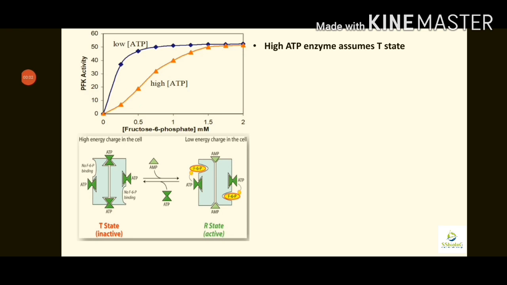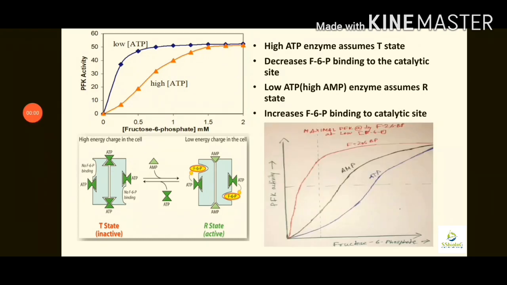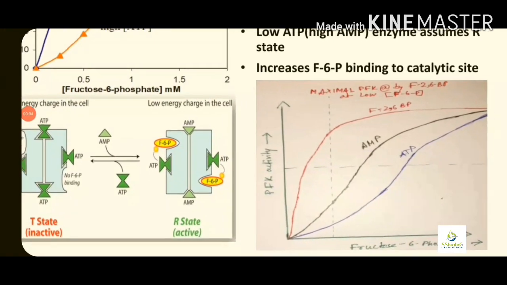So when ATP level is high, the enzyme assumes the T state and decreases fructose 6-phosphate binding to the catalytic site, just like I have said. When ATP is low, that is when AMP level is high, the enzyme assumes the R state and increases fructose 6-phosphate binding to the catalytic site.